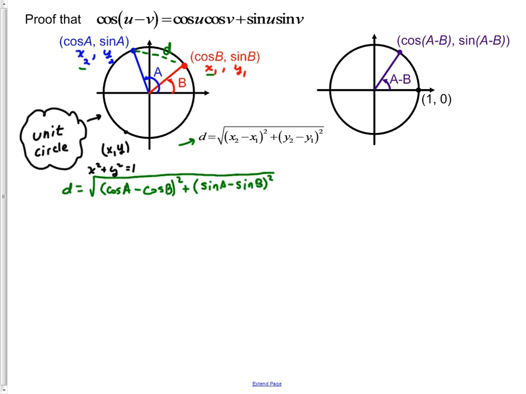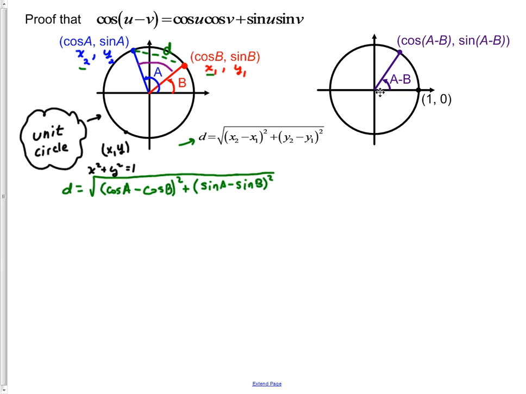Now, here's another thing that I did. I said, all right, let's take that same angle that we got from angle A to angle B and take the difference between them. That is the angle A minus B. So I put that angle A minus B over here in standard position. That's what we're looking at. Just imagine this piece right here being rotated around so that it's in standard position.